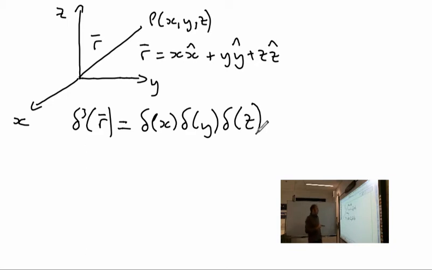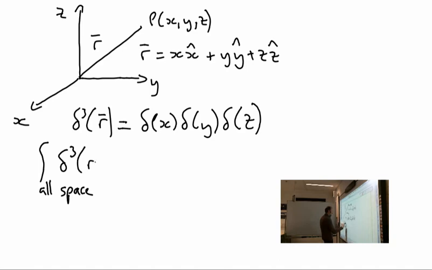Now what we can do is we can take the volume integral of this, and we will do the volume integral over all space, d tau. And this is going to be equal to the triple integral of each of these. And for each of these, our integral is from minus infinity to plus infinity.